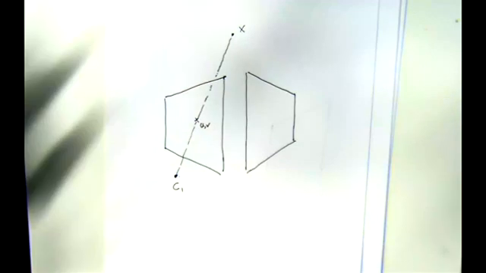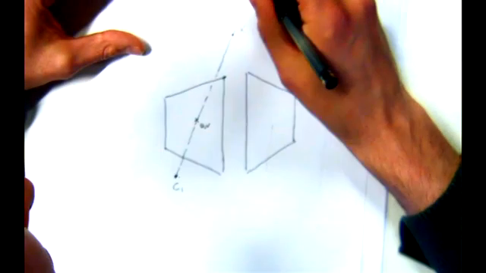The problem is that I want to establish a constraint between where the point occurs in the first image and where it occurs in the second image.